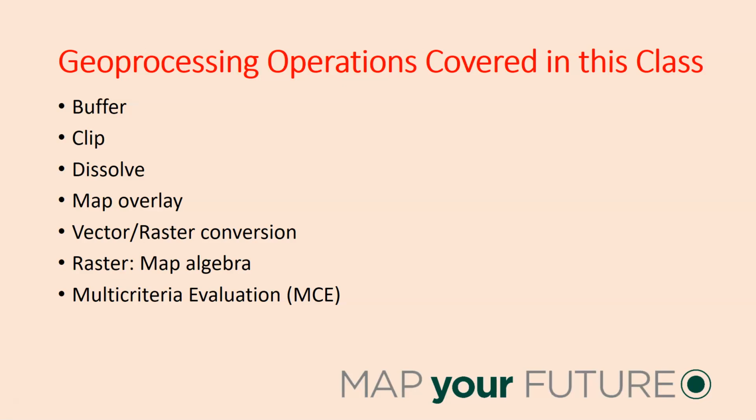Then I'm going to talk about map algebra, but don't get scared. It's not the same level of algebra as in high school or in college. The name is very, very serious when you actually analyze what the types of operations that you're doing.